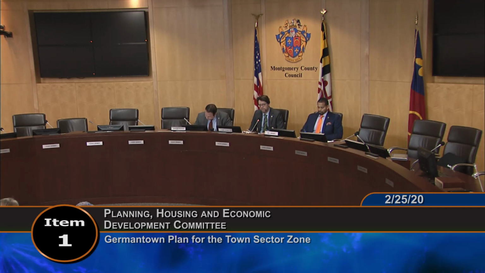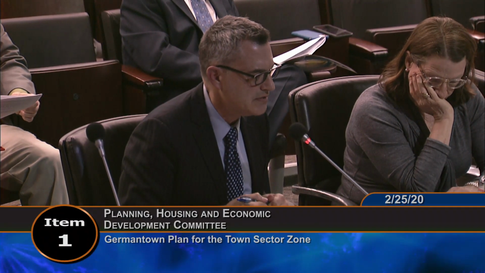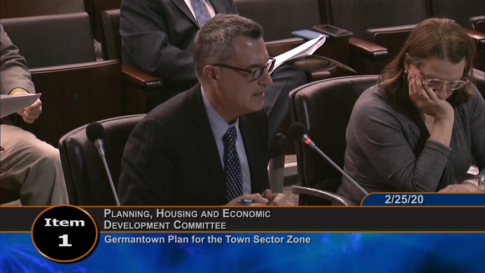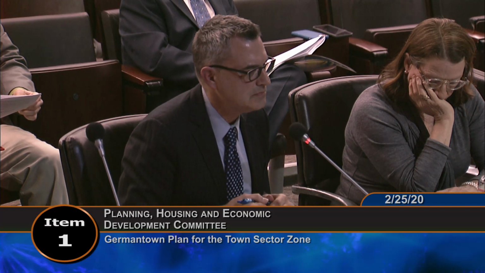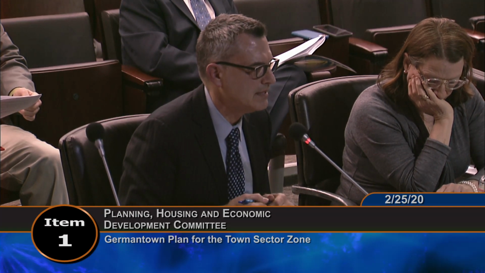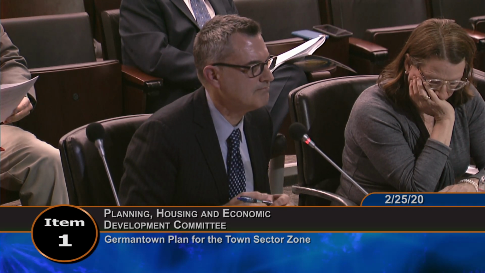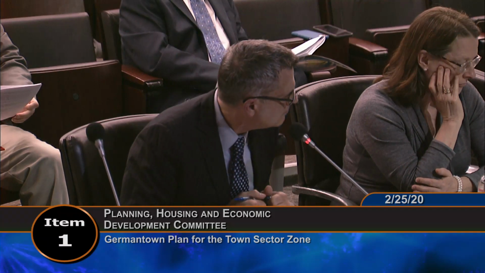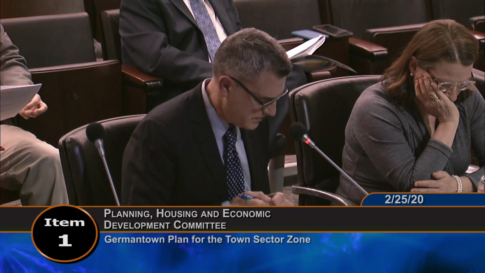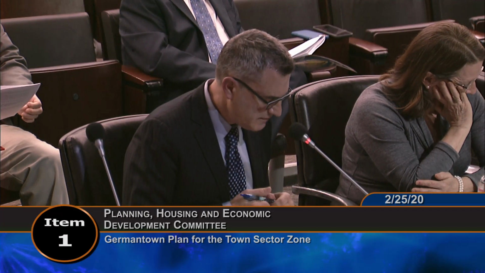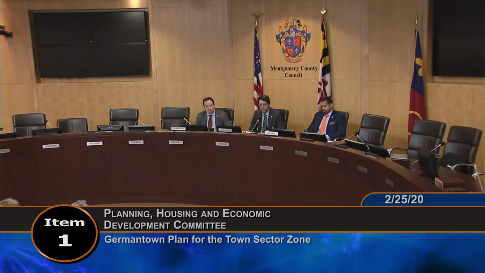We do want to note that given the site constraints, there's a stream buffer, and that it may not be likely that they could achieve that density, but we are supportive of that. All right, thank you. Oh, I'm sorry, yes, up to 90 feet in height. So it would be a CRT 2.5 with a height of 90 feet. Up to 90 feet. All right.